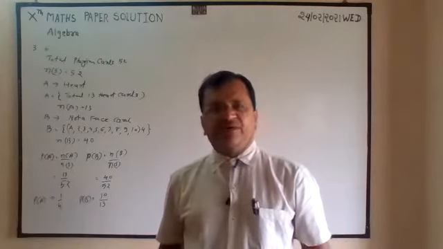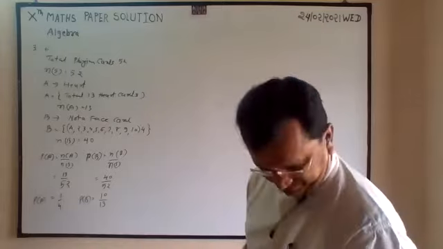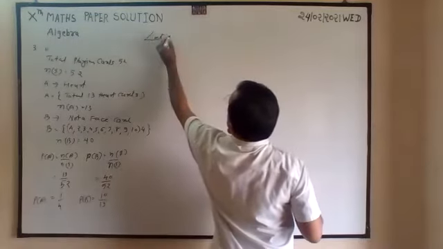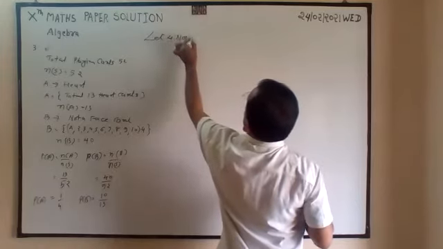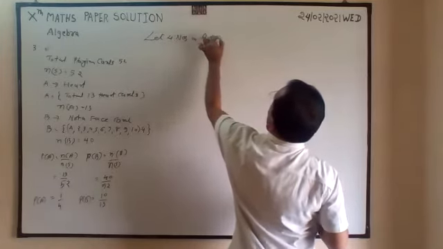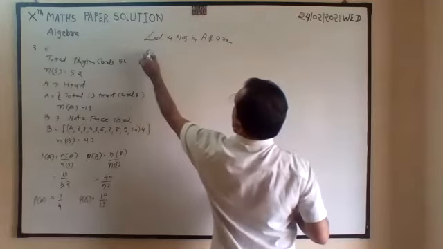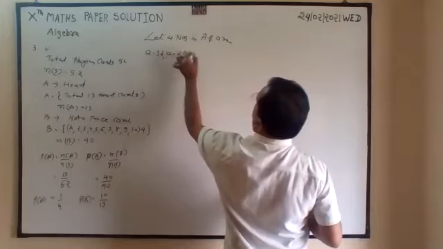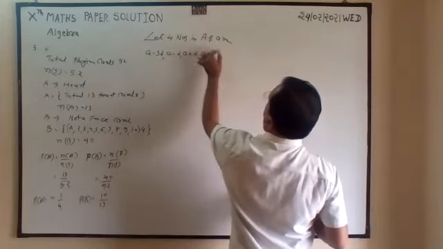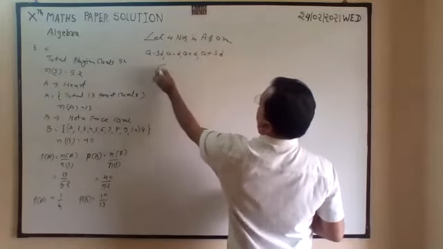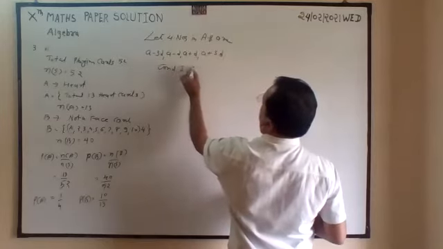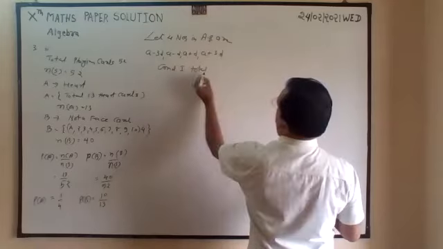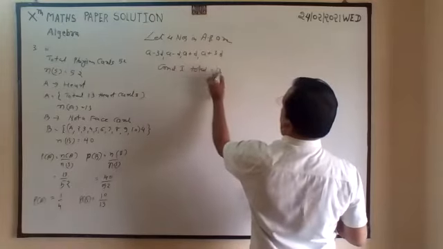Find the 4 consecutive numbers in AP. Let the 4 numbers in AP be a minus 3d, a minus d, a plus d, a plus 3d. Condition 1: the total is 12.